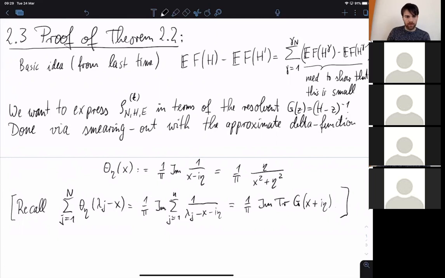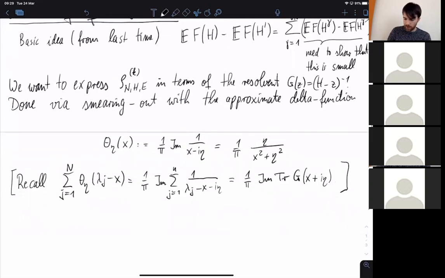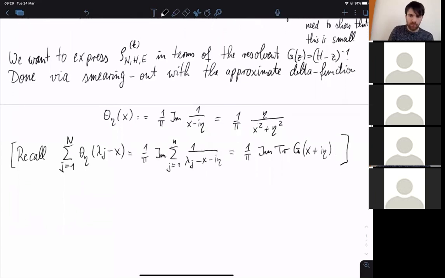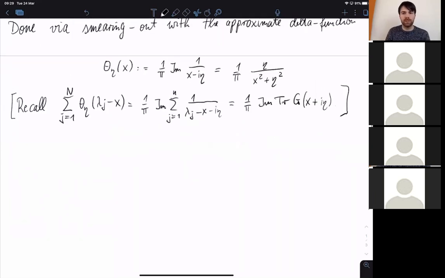Okay, maybe I can continue. So what we then want to do next is that now we have to choose an eta, and the eta we will actually choose a little bit smaller than the typical eigenvalue spacing, and that will then allow us to understand how the eigenvalues behave very close to E, and on the typical eigenvalue spacing.